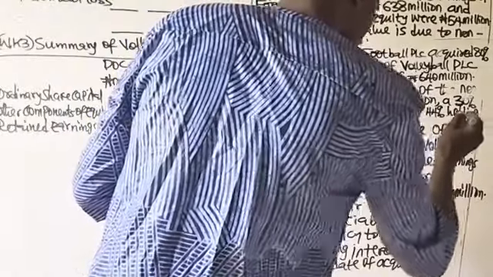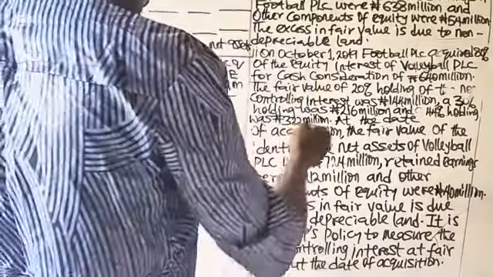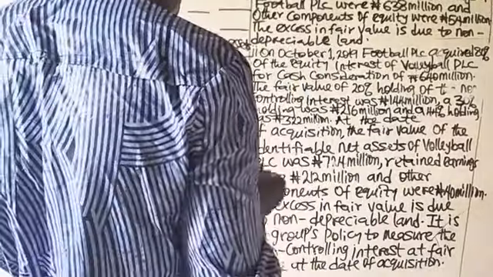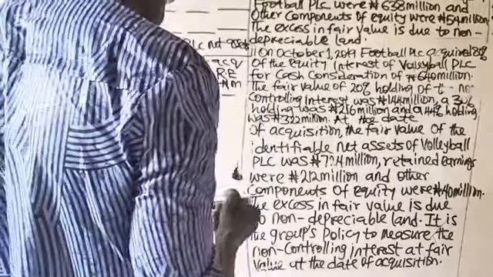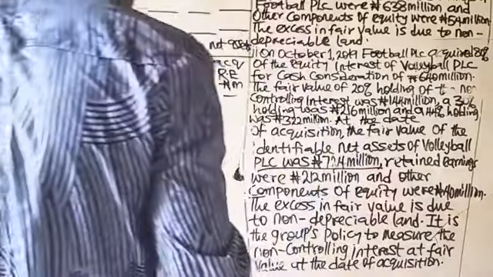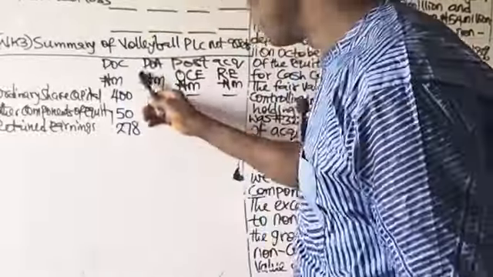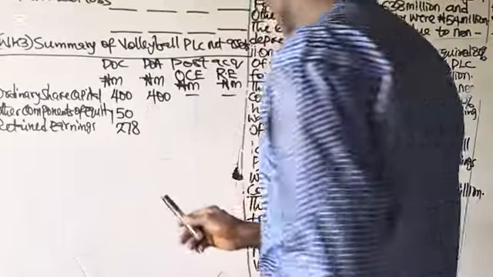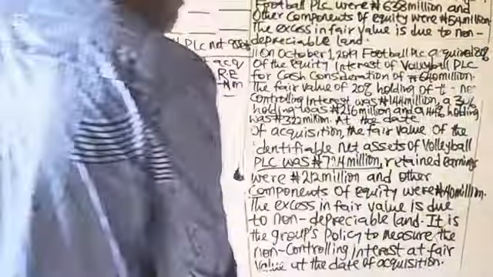A 30% holding was 260 million, and a 44% holding was 322 million. At the date of acquisition, the fair value of the identifiable net assets of Volleyball was 724 million. That means the total in the DOA column will be 724 million.